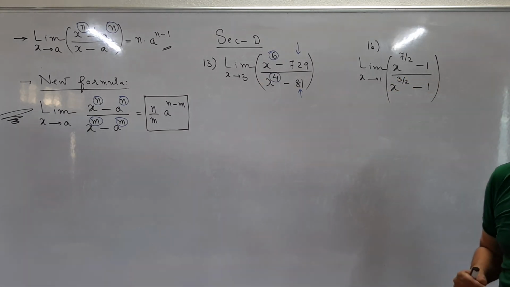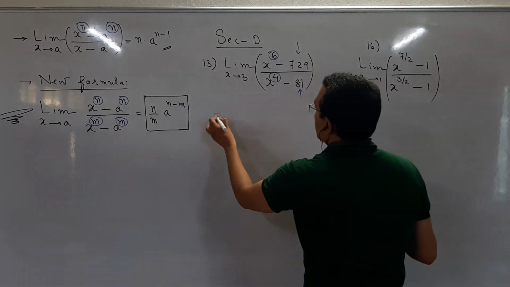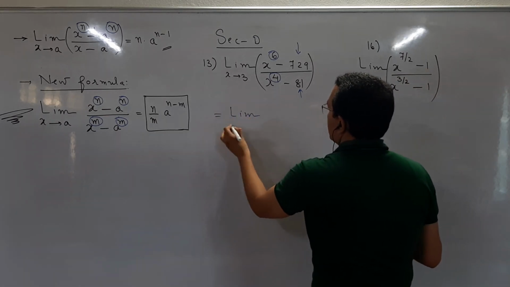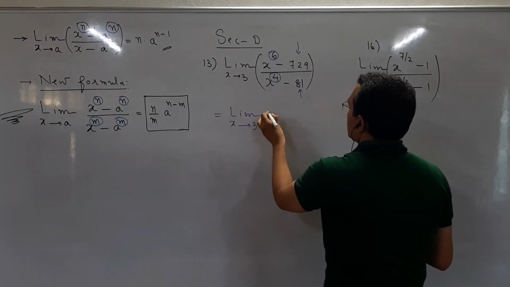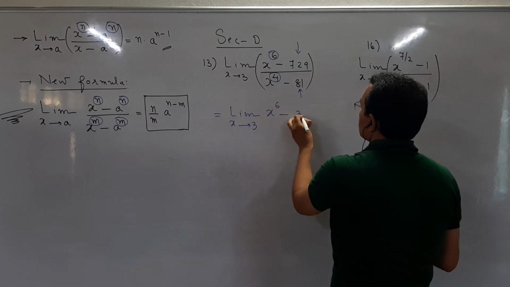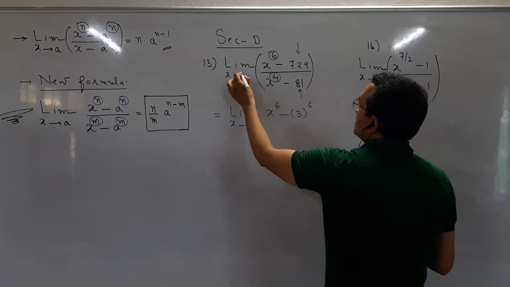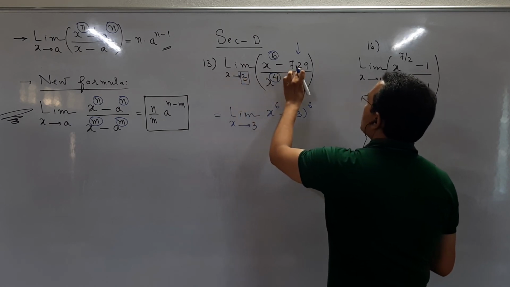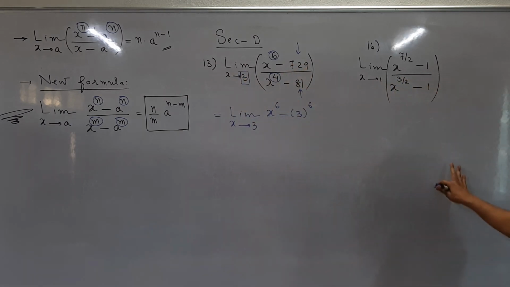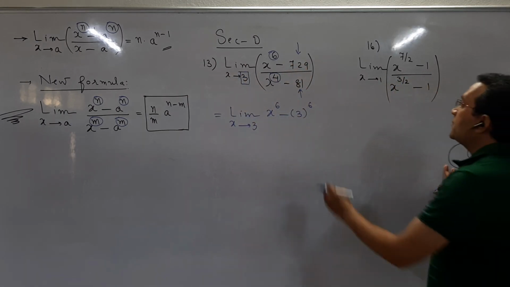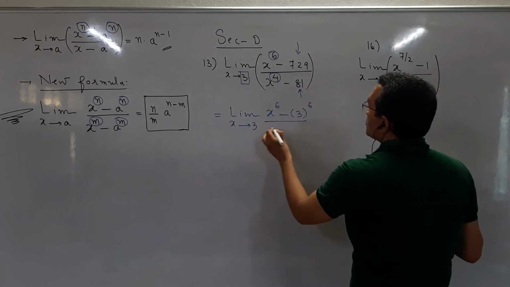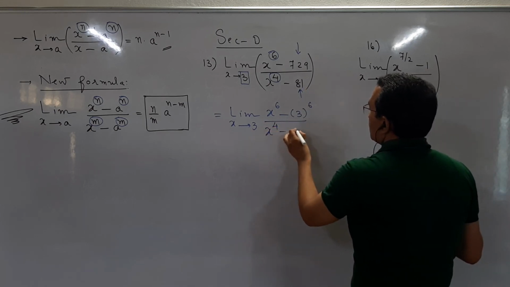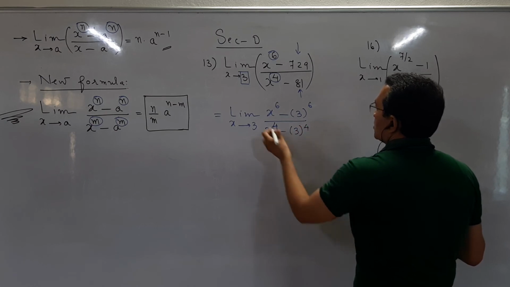Then only the powers will be same. Now you can easily write this as limit x tends to 3, x raised to 6 minus 3 raised to 6, because limit is 3. So this has to be modified in power of 3. And 81 is 3 raised to 4. So this is x raised to 4 minus 3 raised to 4.